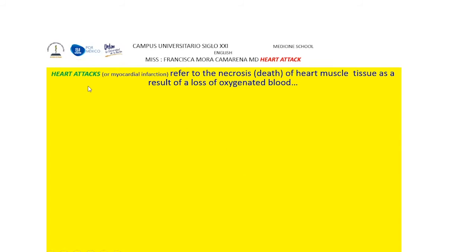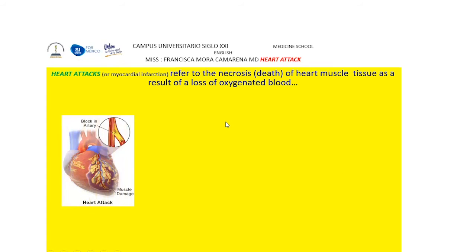On the other hand, when we talk of the heart attack, we refer to the necrosis, or the death, of the heart muscle resulting from a loss of oxygenated blood.